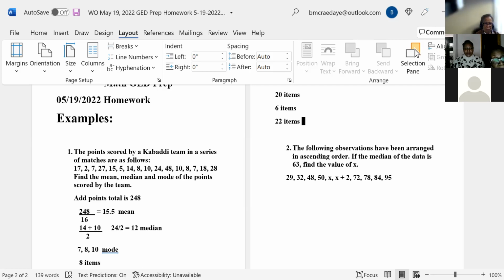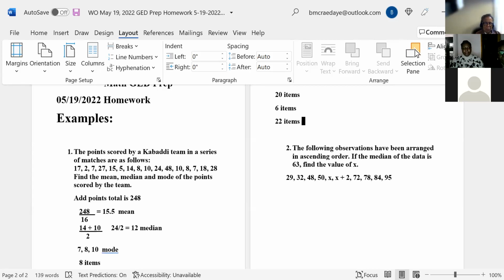If the median of the data is 63, excuse me a minute. Maureen, someone talking to you? Okay, let's get that over with first. You should go to mute when you're doing offline talking. All right, let's start over again.